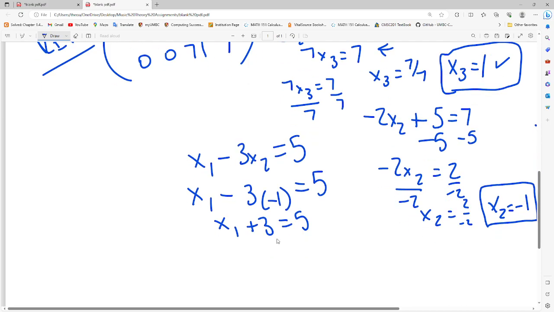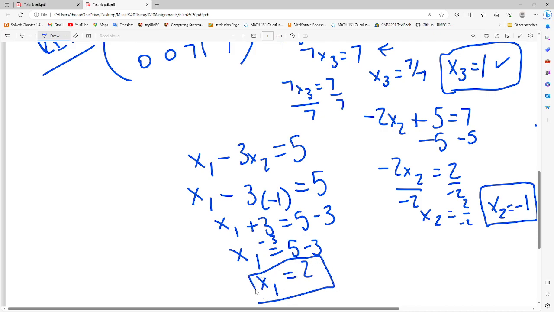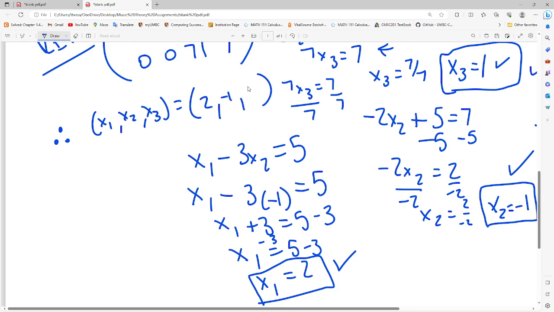We want to get x1 by itself, so what are we going to do? Yep. x1 equals 5 minus 3, so x1 equals 2. We have a solution for x1, we have a solution for x2, we have a solution for x3. Therefore, our answer, x1, x2, x3, is going to be equal to the set 2, negative 1, 1. That's our answer.